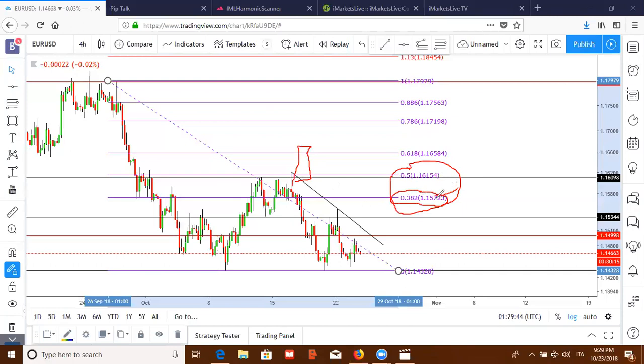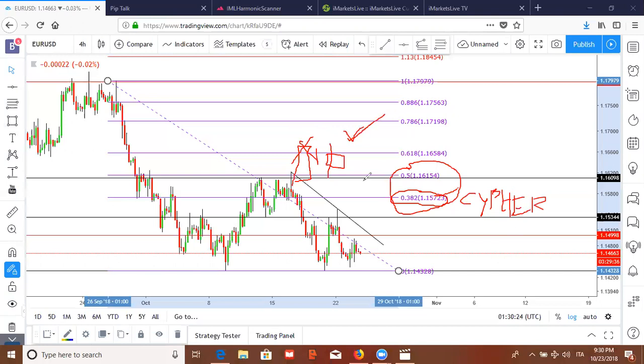The Cypher pattern is valid until it closes above the 61.8. It can come up and wick it, as long as it doesn't close above. This will be valid. This will be valid. This will be invalid. And this is a check.